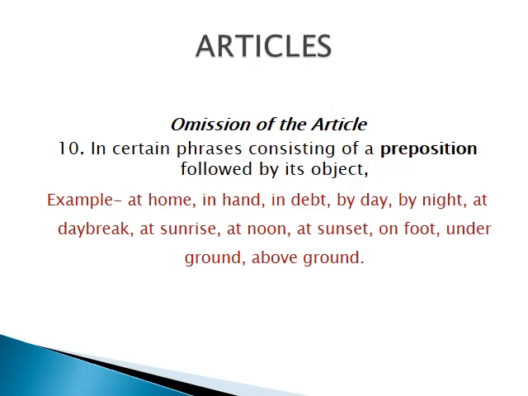In certain phrases consisting of a preposition followed by its object, for example: at home, in hand, at hand, in debt, by day, by night, at daybreak, at sunrise, at noon, at sunset, on foot, underground, above ground.